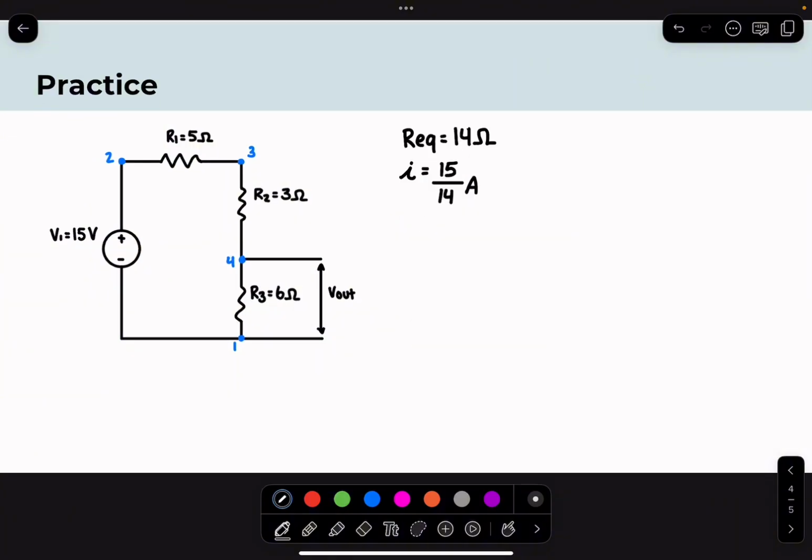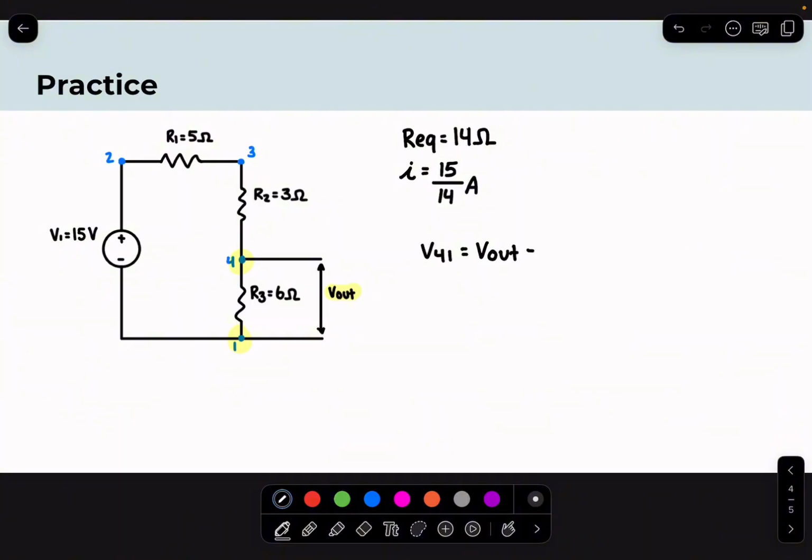Now we'll go on to part C, where we're solving for V out. And I kept two important numbers that we'll need for this equation, which is the equivalent resistance of the circuit and then the current throughout. So here we can say that V out is the same thing as the voltage drop from V4 to 1.